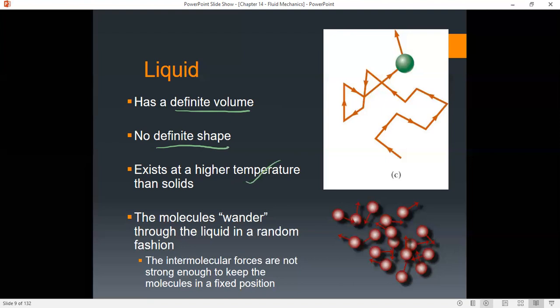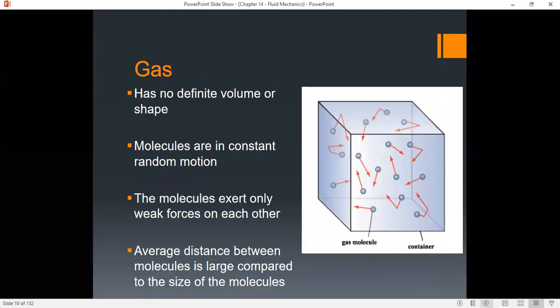Even though the molecules don't have any definite position, they are free to wander about the liquid, but pretty much like the solid, they'll stay in contact with neighbors. Gas has no definite volume, and of course, no definite shape.